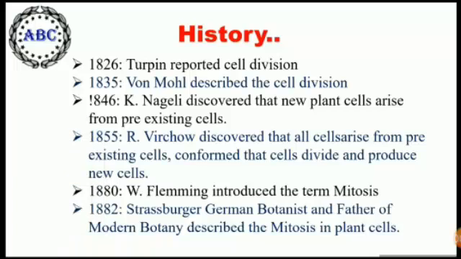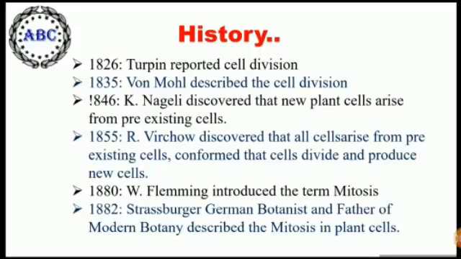Mitosis has a history in which Turpin in 1826 reported cell division, and then in 1835 von Mohl described the cell division. This means the process of cell division was identified and described even before the discovery of laws of inheritance by Mendel.